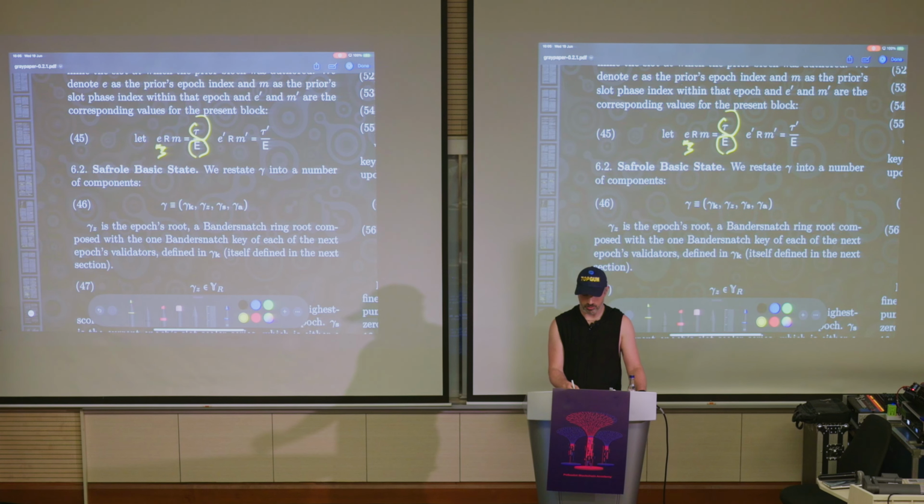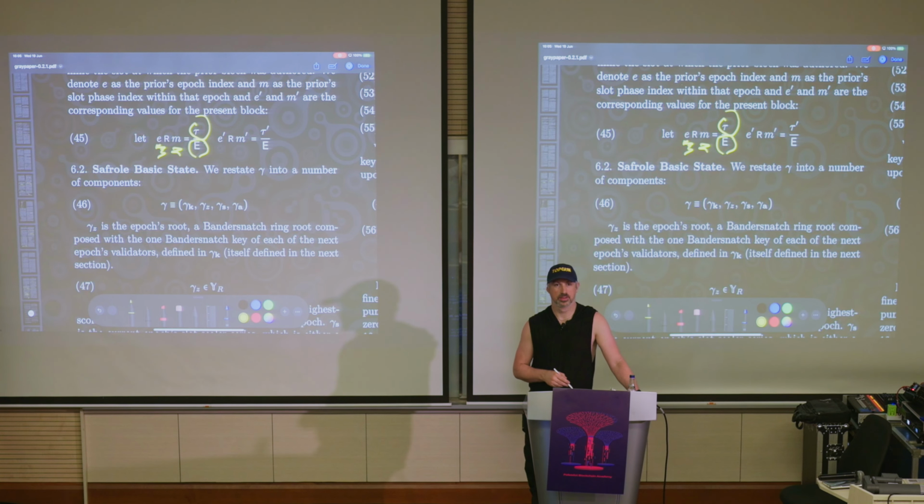We also end up with a remainder M, the fractional part, which will definitely not be 600, could be up to 599. That's the excess time slots, which gives us the phase into the epoch, the number of time slots into the current epoch.